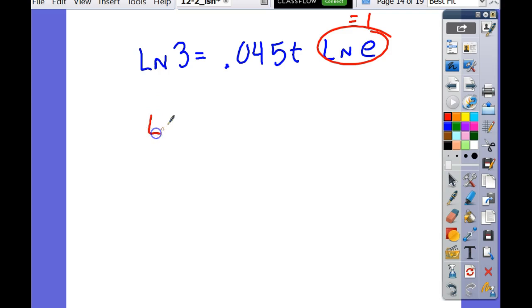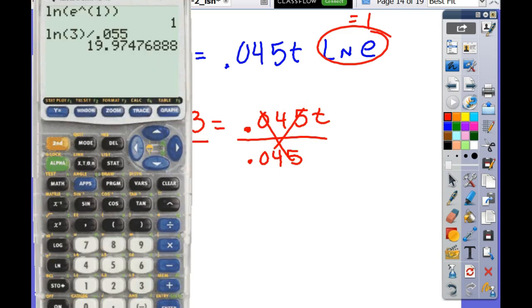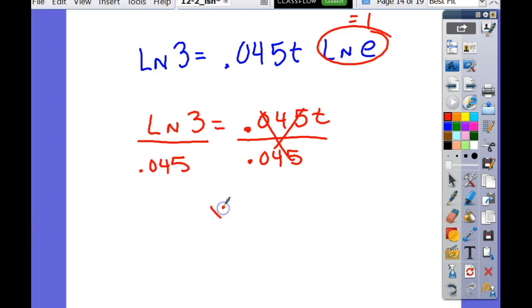So this becomes divide by 0.045 to cancel that out, and ln of 3 divided by 0.045 is equal to 2441.